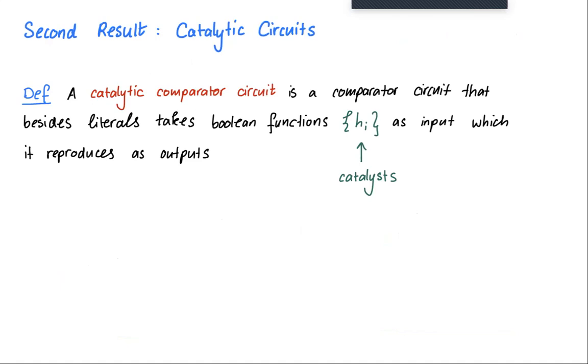A catalytic comparator circuit is a comparator circuit that, besides literals, takes also Boolean functions as input, which it in the end of the computation reproduces as outputs. So it can use these Boolean functions. It gets them for free, but it has to reproduce them at the end. So we can think of them as catalysts in the computation.